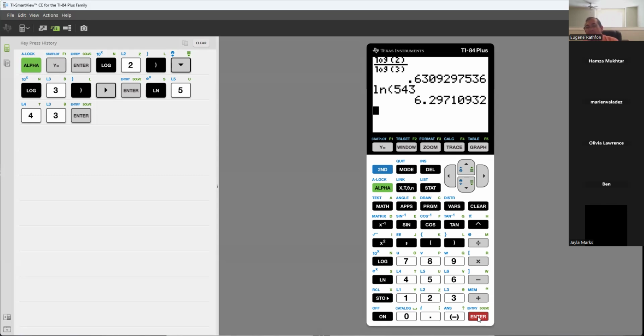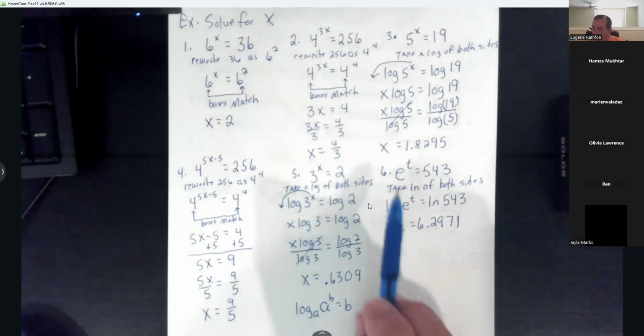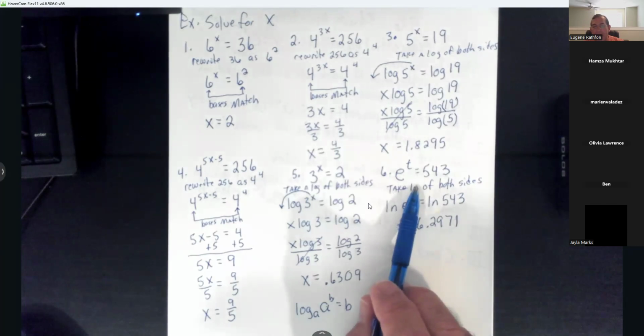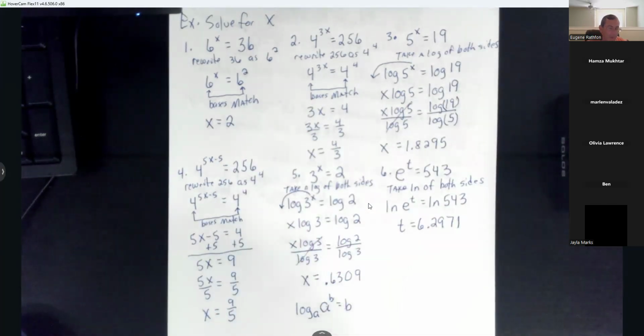And that'll be 6.2971. All right, y'all, so that's your exponential. Any questions on those? And just remember, when you're doing exponential, if you got e involved, take an ln. Any other thing, I just take a log.